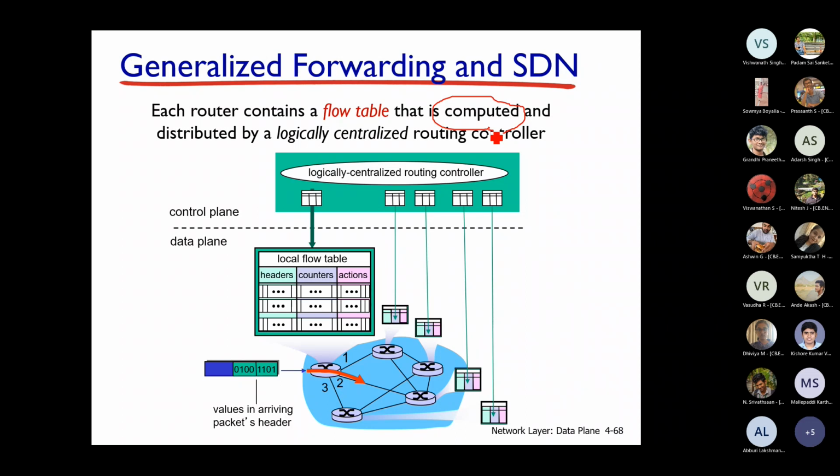For the particular time period, it has to be done. So that's the instructions. That's called the local flow table.